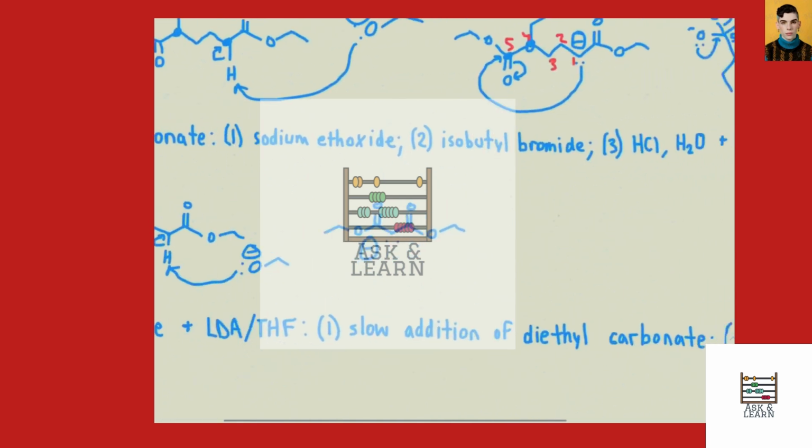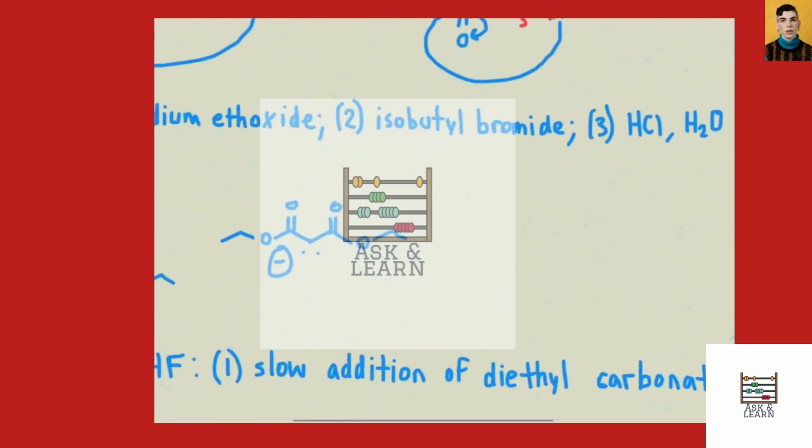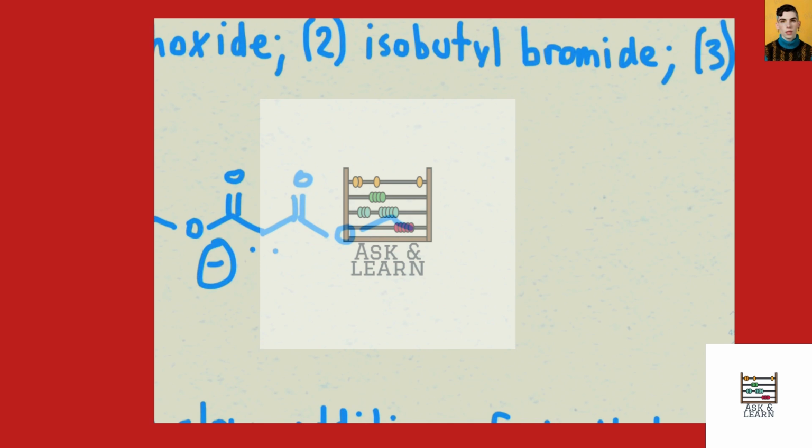Now we're going to react that with isobutyl bromide. So isobutyl bromide is going to look like this. I'm going to have a bromine, and it's going to be connected to my 4 carbons in which I have a branched component. So it's going to be 1 carbon, 2 carbons, so 1, 2, 3, 4. That is isobutyl bromide. So what this does is an SN2 reaction.